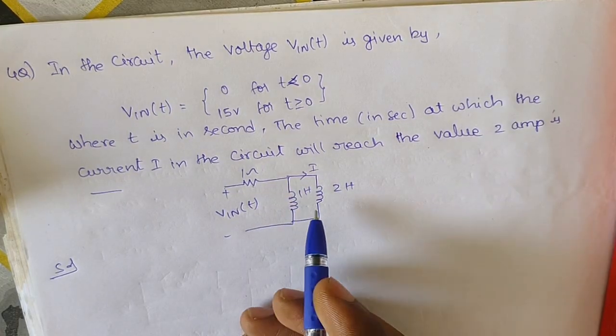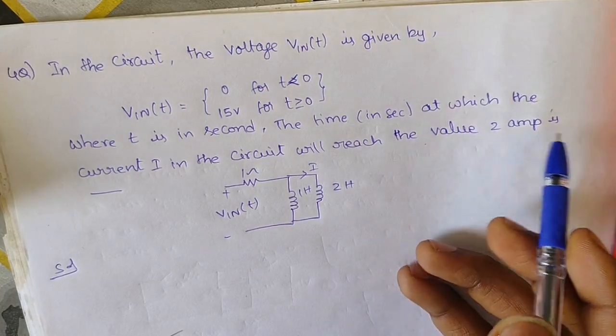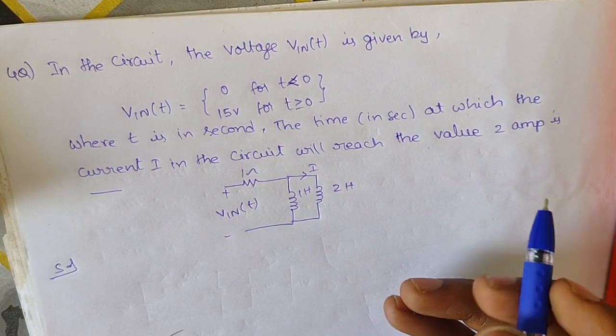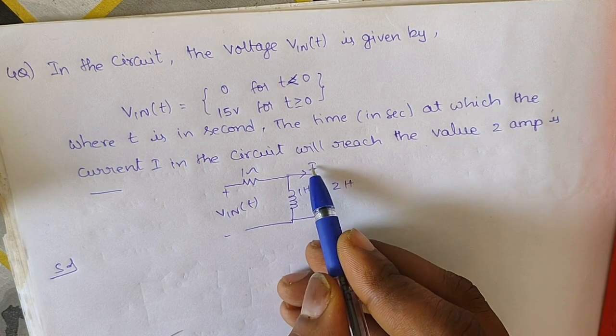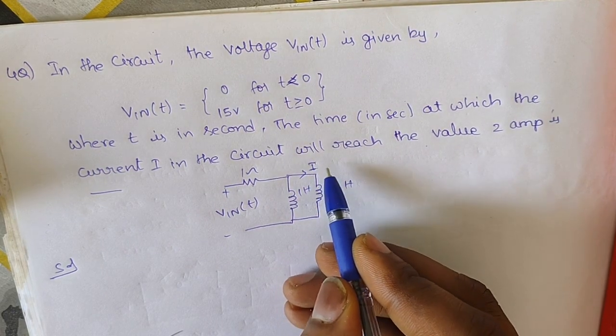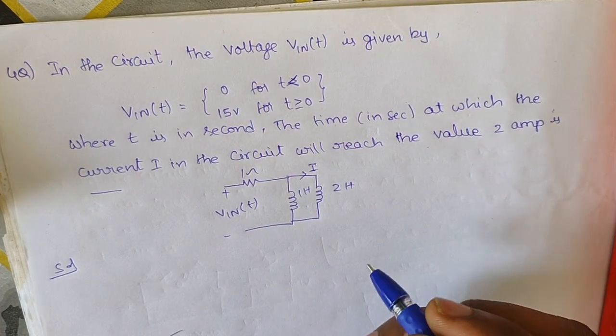They are asking, for the current I in the circuit to reach 2 amperes, what is the time taken in seconds.